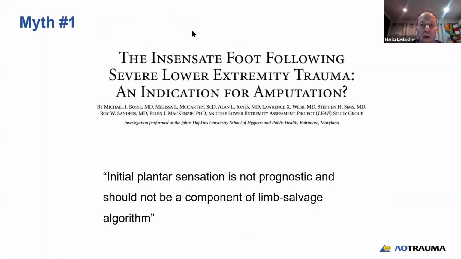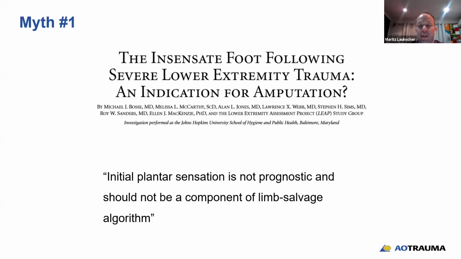So there are just a few myths that I would like to discuss, and this is what was always used as an absolute indication for amputation in a traumatic situation, and that's absent plantar sensation. It's also something we consider, but the LEAP study group showed us that initial loss of plantar sensation did not really predict eventual failure of limb salvage well.